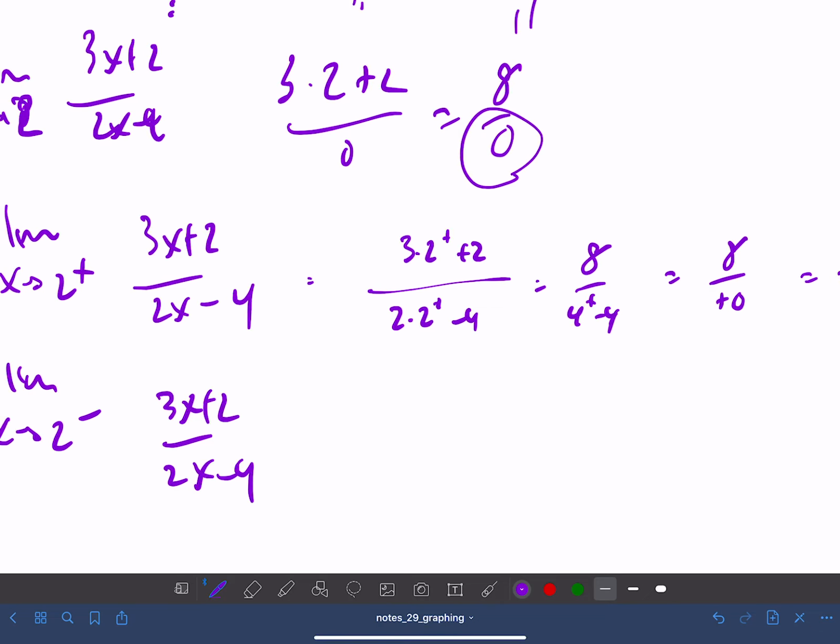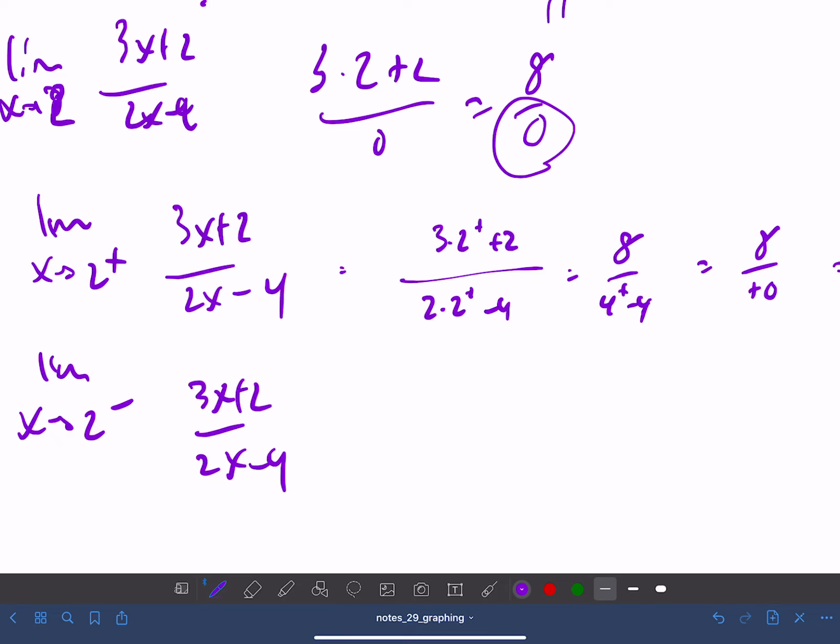All right, check this out. I think this is so fun, okay? So let's try doing that again. 3 times 2 from the left plus 2 over 2 times 2 from the left minus 4. And on the top I still have 8, and it doesn't matter whether it's going from above or below. In this case, it'd be below.